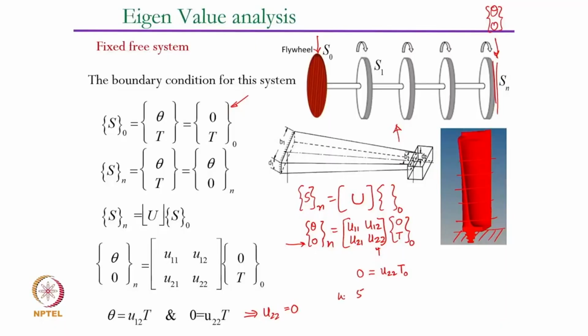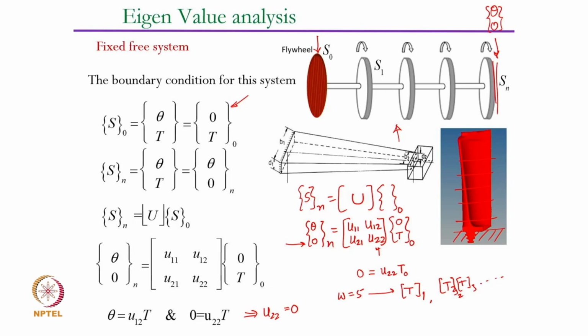What will happen if I use 5 as a first estimate of omega? Using this I find out what is T1, because once I know omega, all these transfer matrices are known, because I know K and M or I for all the stations.